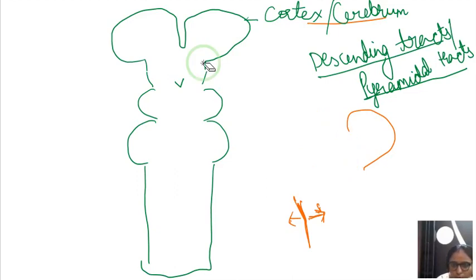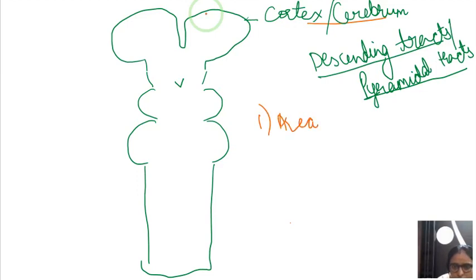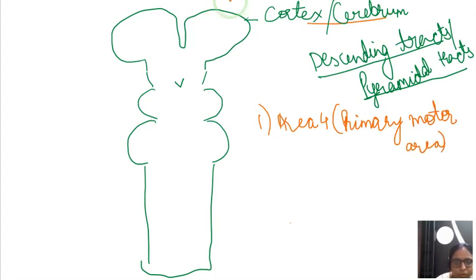Right now I'll just tell you what the functions of it are, if you need it. For example, first is your area 4 or your primary motor area, from here some of the fibers are originating.